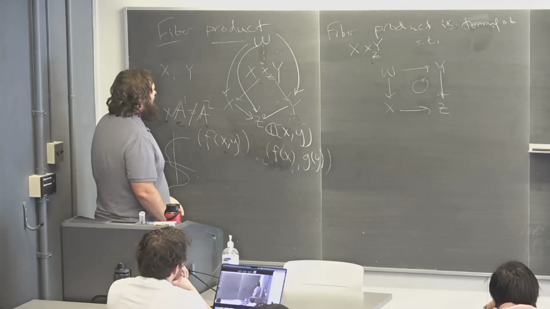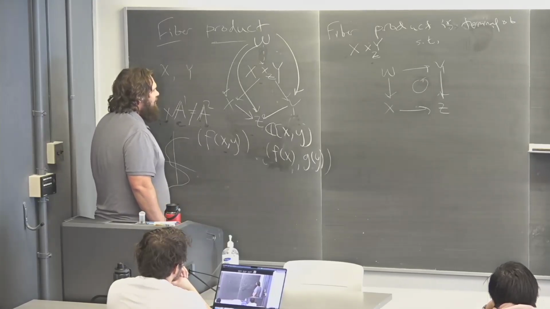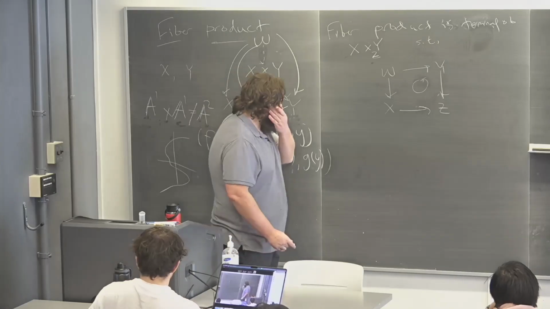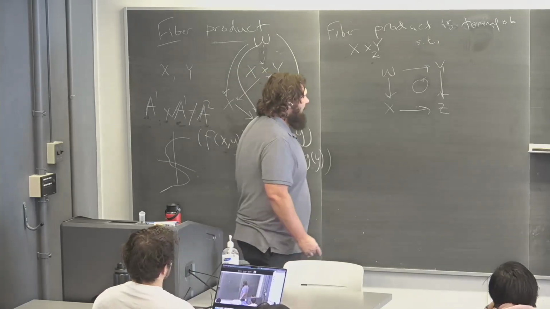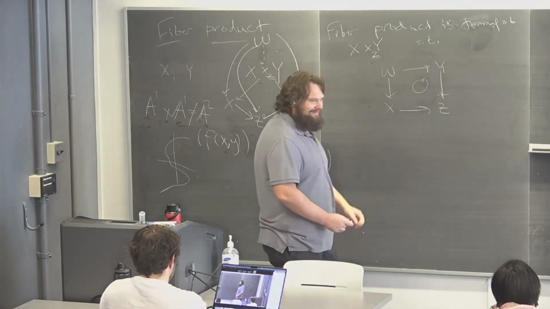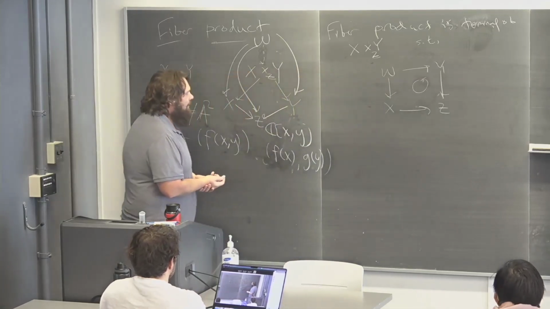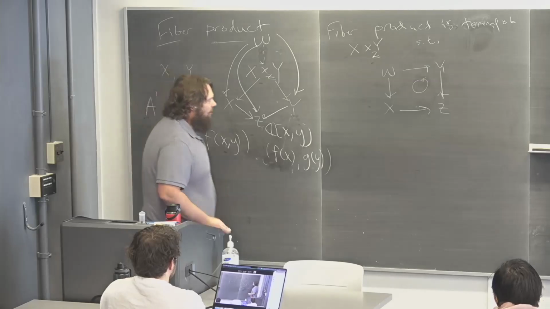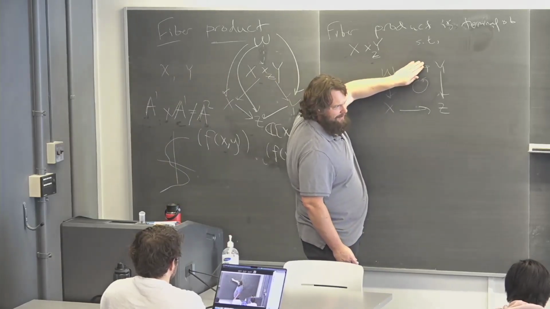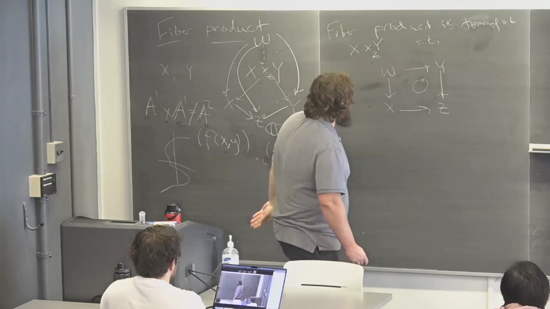I should be careful not to get those crosswise, but yes, it's terminal. It's a limit, not a colimit. Okay, great. Another way to say this would be that it's the limit of this diagram, if you like to think about things in terms of limits.